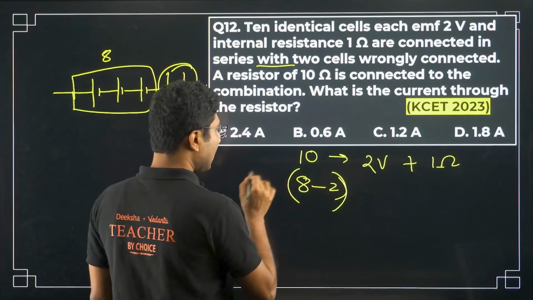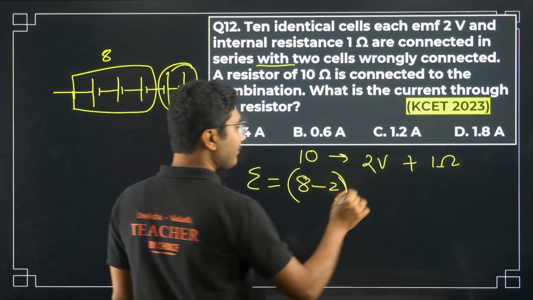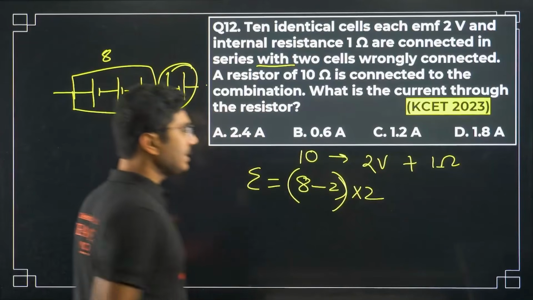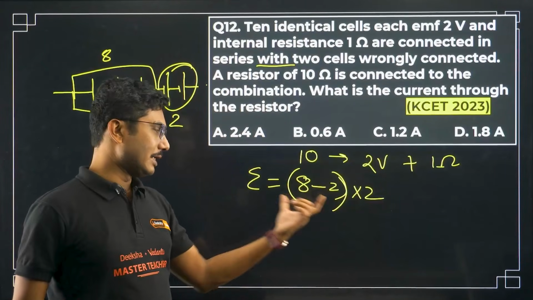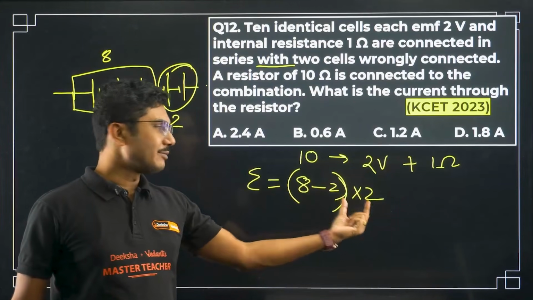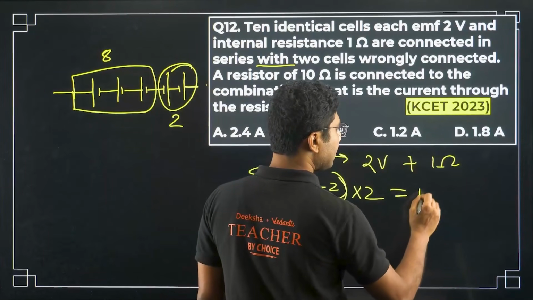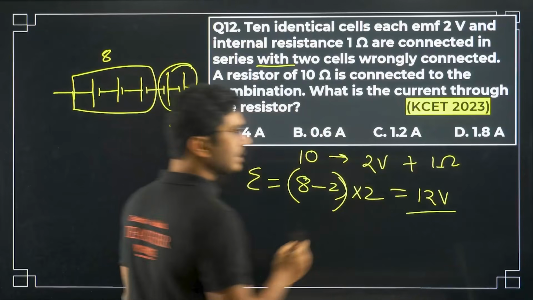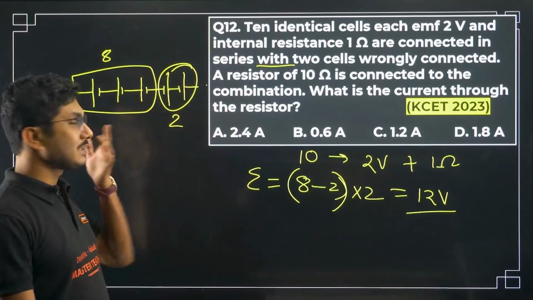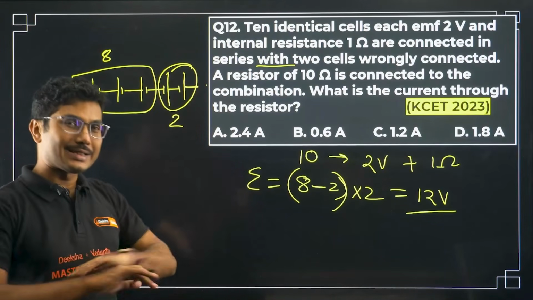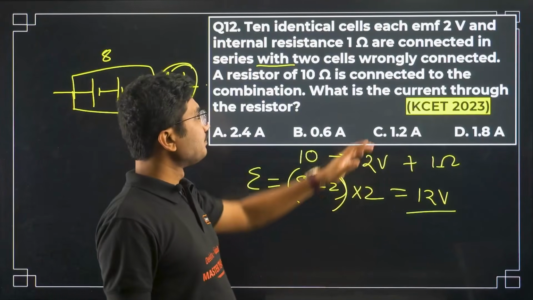The actual equivalent EMF is the equivalent number of cells times the voltage of each, so that will be 6 into 2, that is 12 volt. So 12 volt is the actual EMF of the circuit. That is the main problem. Rest is very easy.